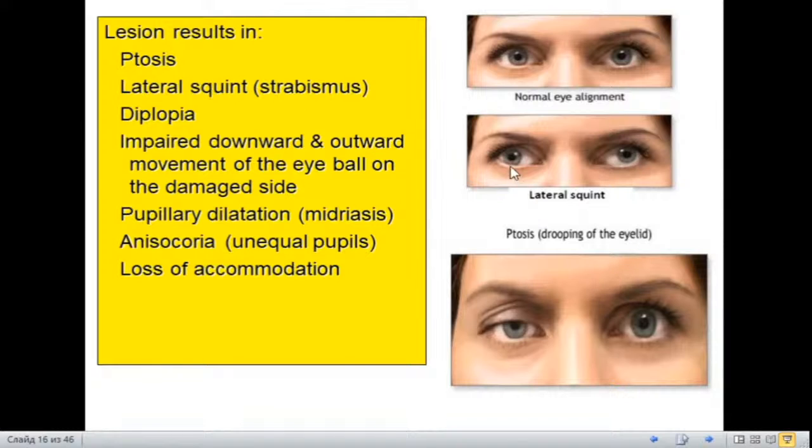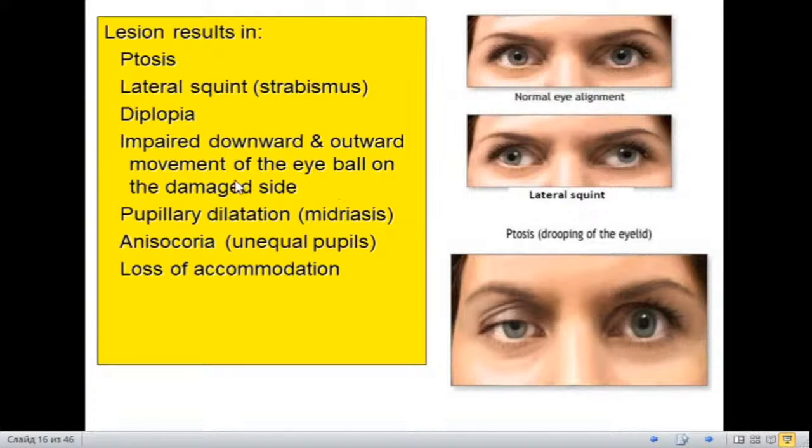It is due to problems with innervation of the rectus muscles. And strabismus, if it is a unilateral lesion, leads to diplopia or double vision, because in such a case the patient can't focus both eyes on one object. It results in diplopia.